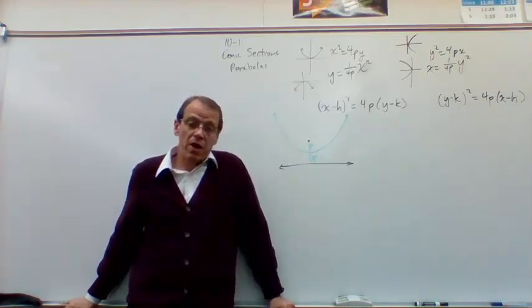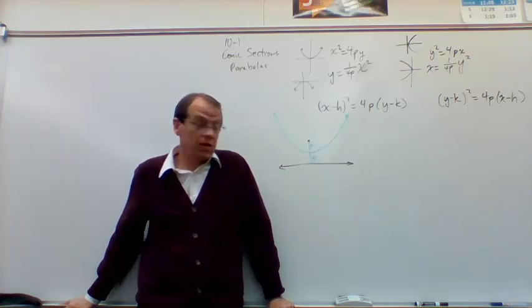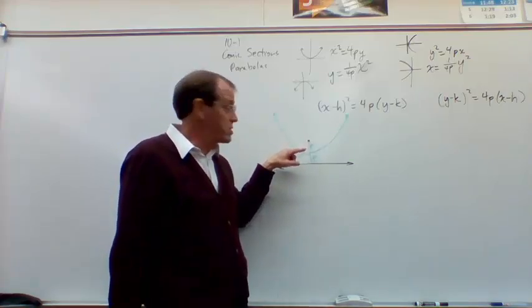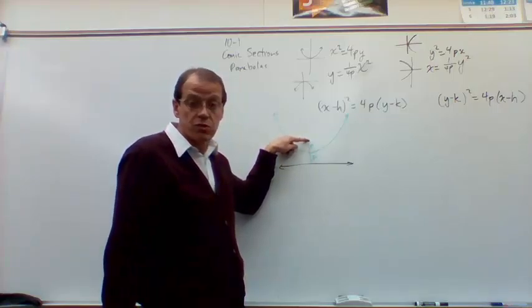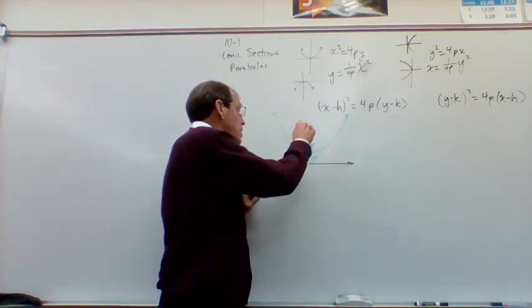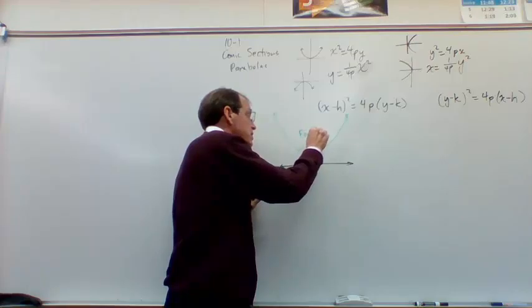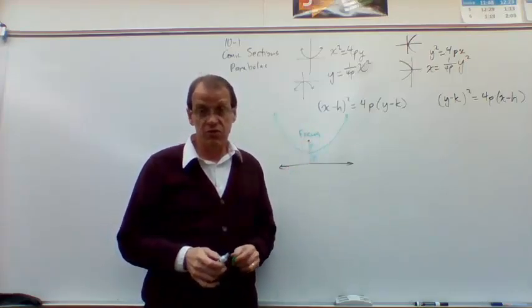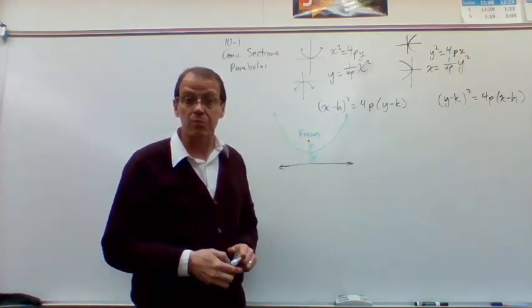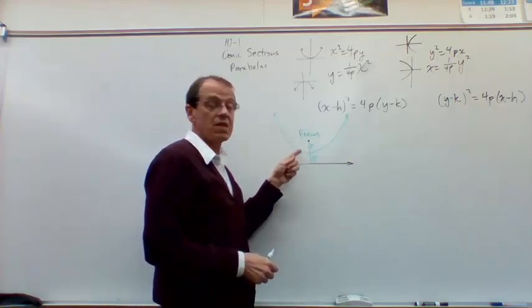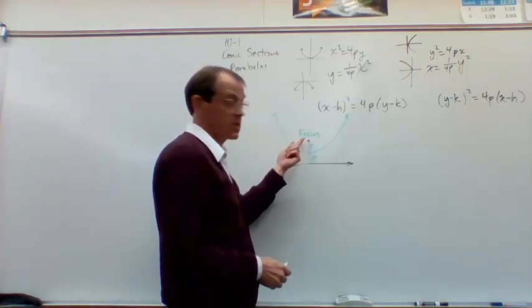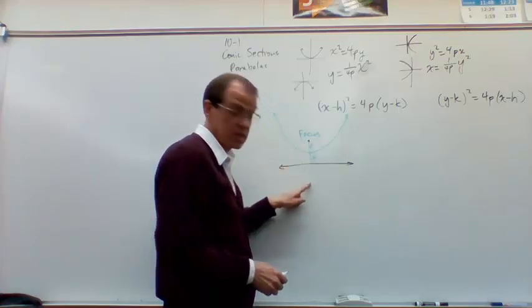So that's what parabolas look like. Now, if we're talking vertical, p is the distance from the vertex up to this point. This point is called the focus. Now, there's only one, so it's a focus. It's like a cyclops. If p is negative, instead of going up to get to the focus, you're going to go down to get to the focus.